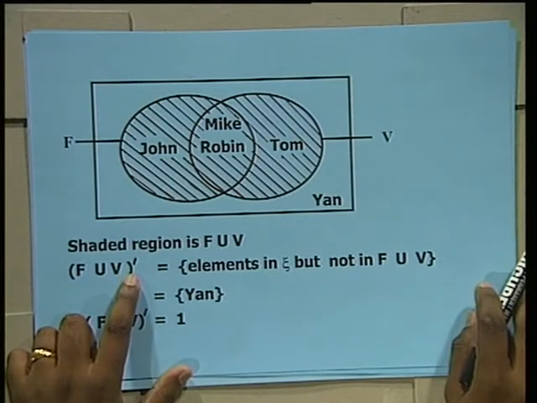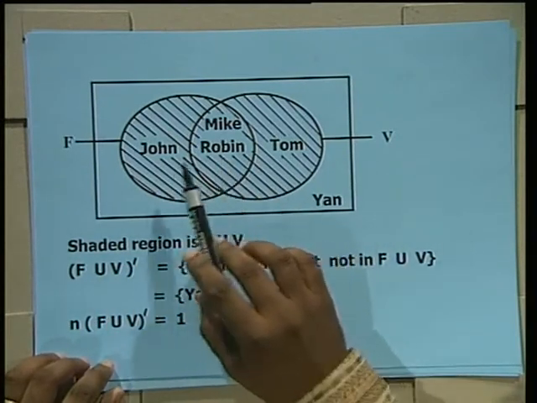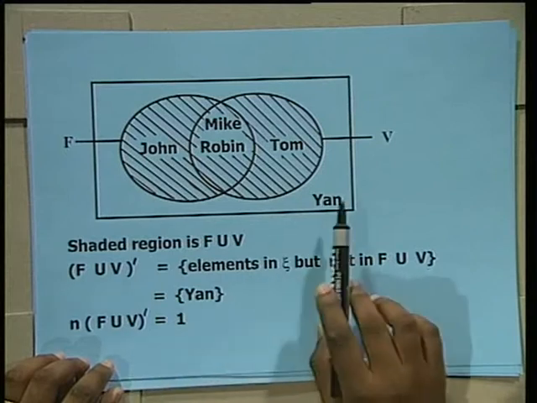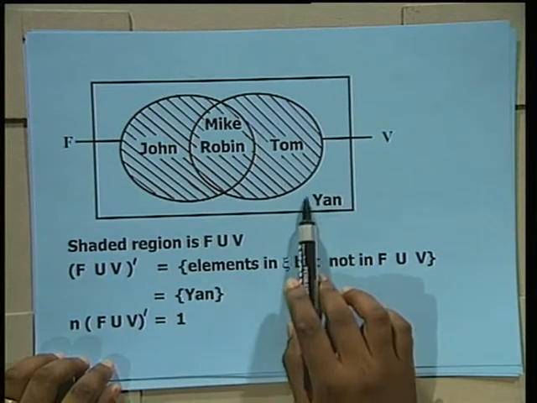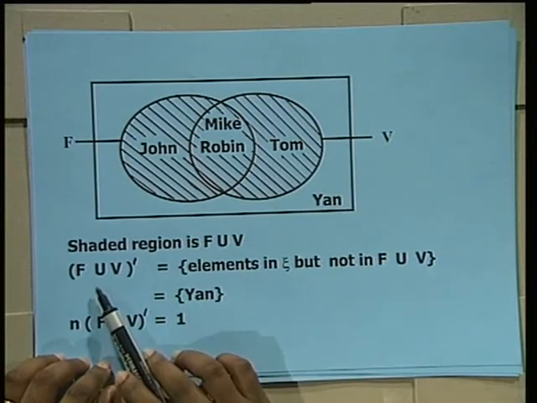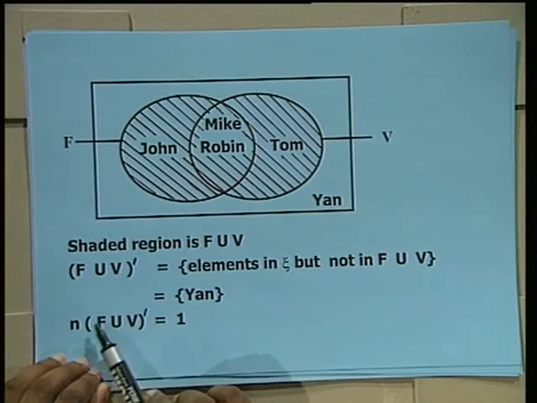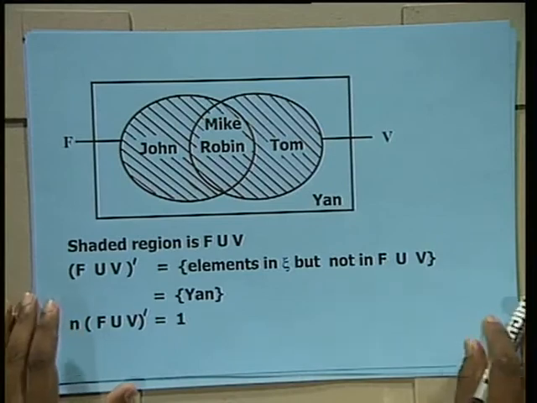It contains all the elements in the universal set not found in F union V. And we found that there is only one element which is outside the shaded region, who is Jan. So Jan will be the only element of F union V complement. And the number of elements in F union V complement is 1.